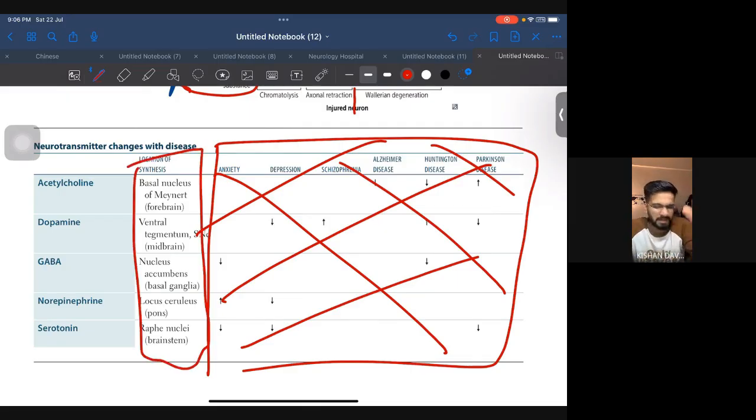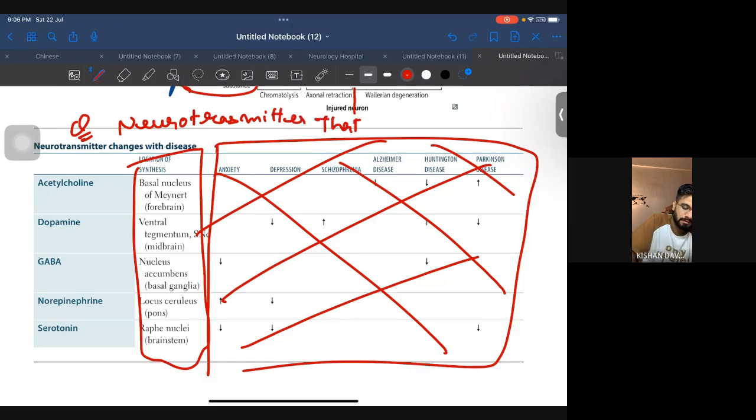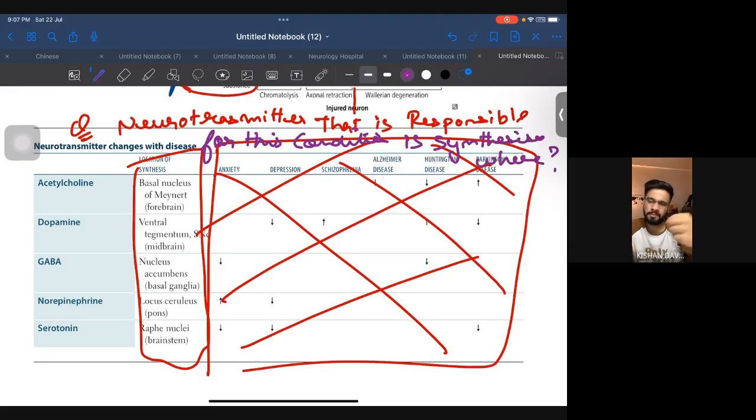They will ask, for example, the neurotransmitter responsible for this condition is synthesized where. This is the typical question, and there are so many questions in the exam on it. I got 2 or 3 questions in NBME also. It is there in UWorld also. So you have to remember the location and the neurotransmitter.